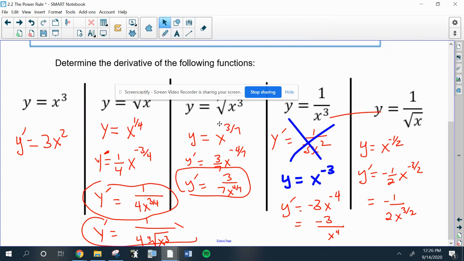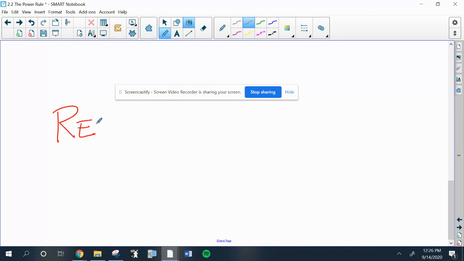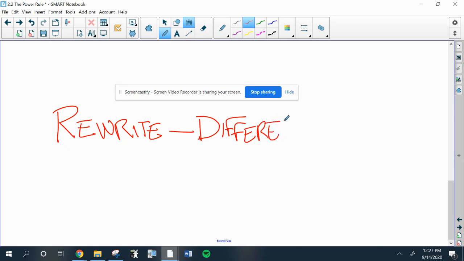So a common theme you're going to see with derivatives are these: rewrite, differentiate, simplify.